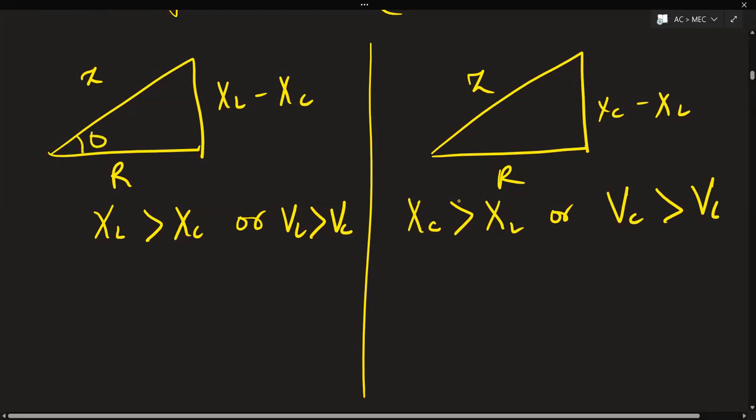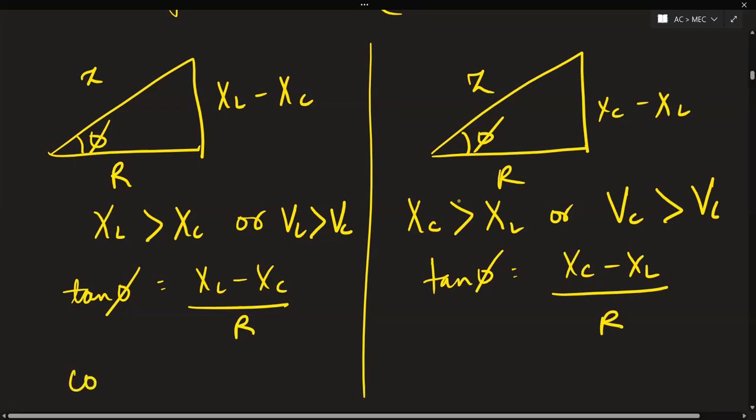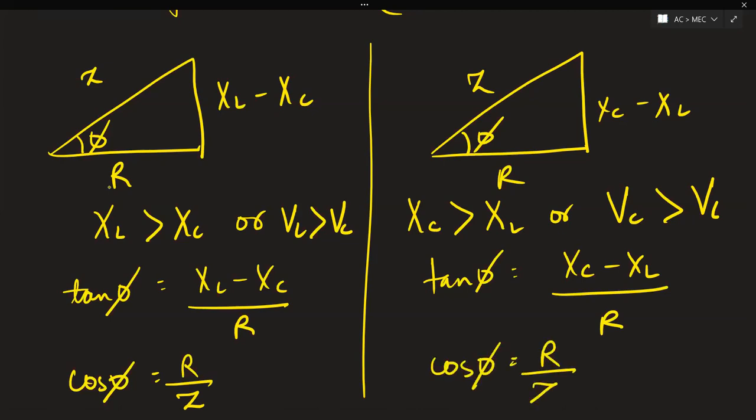This was phi that we had considered. From here you can find out tan phi also. Tan phi will be equal to XL minus XC divided by R. And here tan phi will be equal to XC minus XL divided by R. Cos phi is equal to R divided by Z. On both the sides, you have the value same.